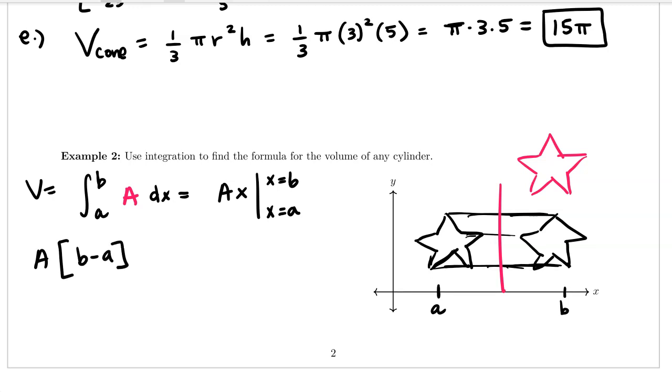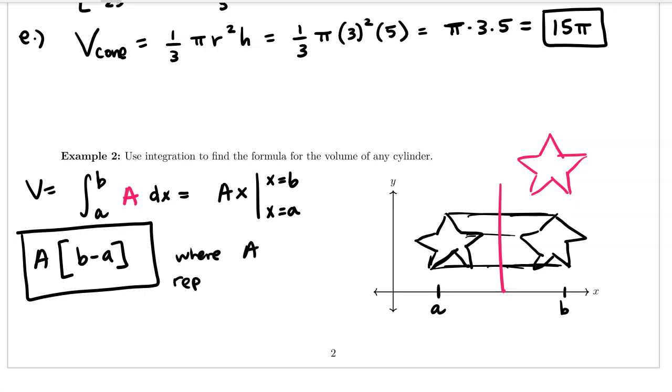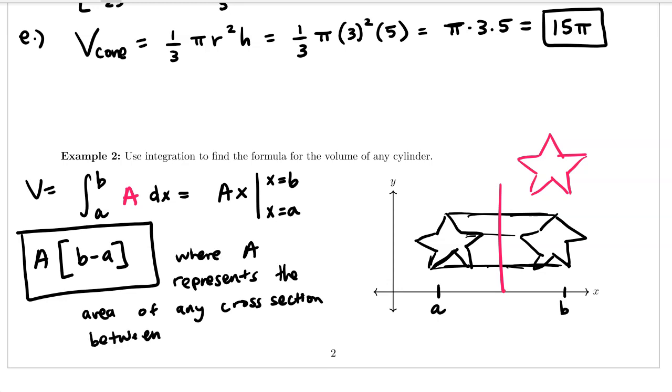And this represents the volume of any cylinder where capital A represents the area of any cross-section between x equals a and x equals b on our cylinder.